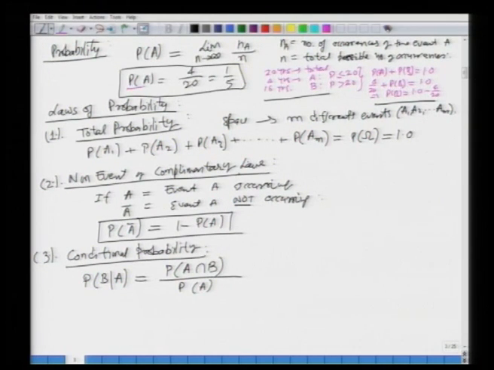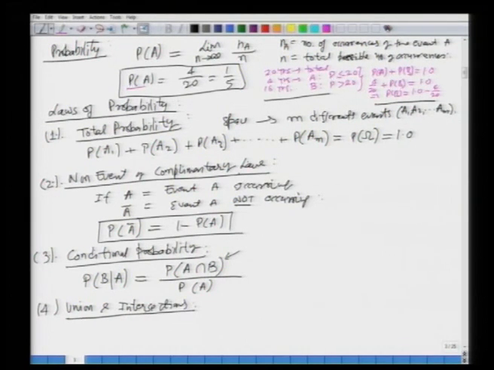Now, this involves something which we have not discussed. What is this P(A intersection B)? Okay. This we are going to define next, which is for your unions and intersections. Okay.